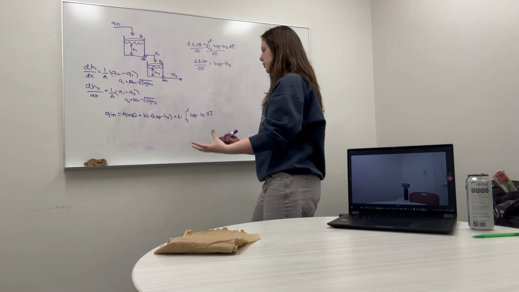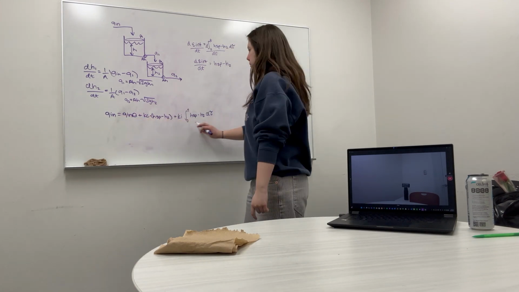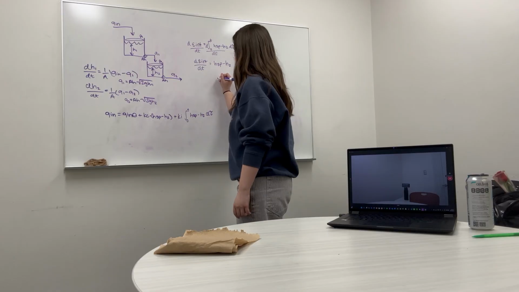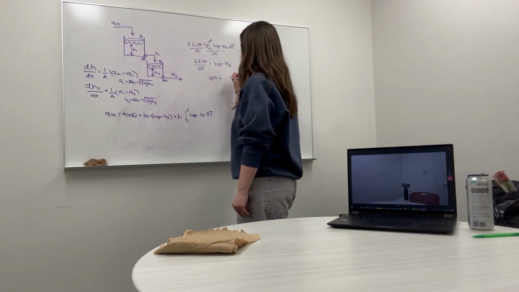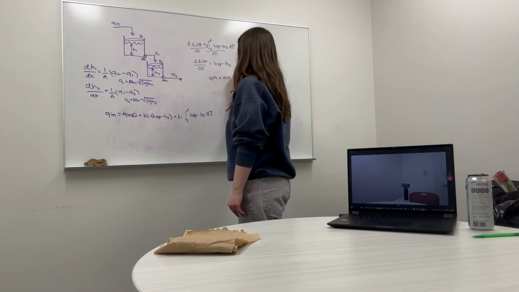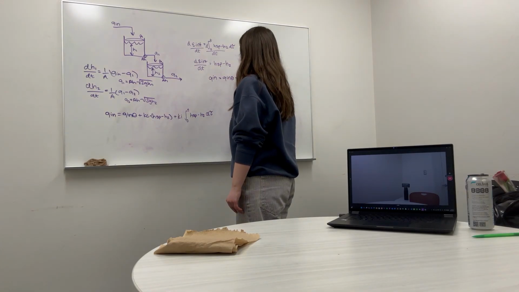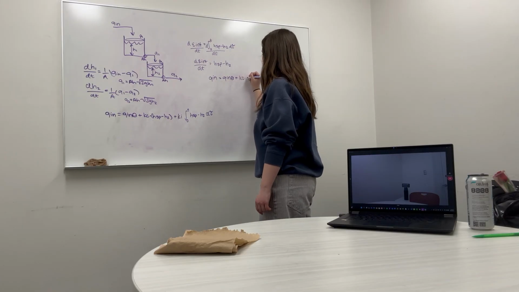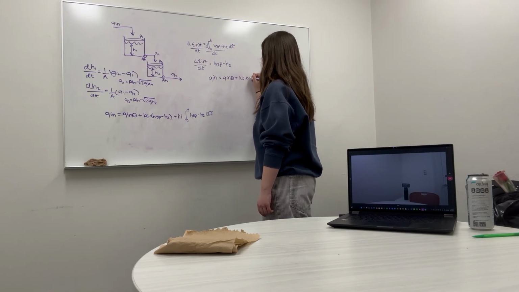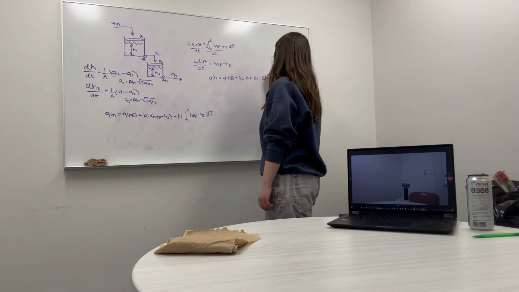So we can actually rewrite this Q in equation right here. So Q in is going to be equal to Q in naught plus our proportional only controller times error plus Ki times E int.